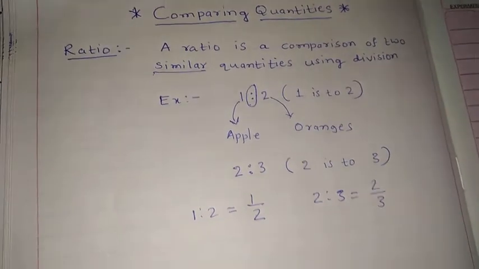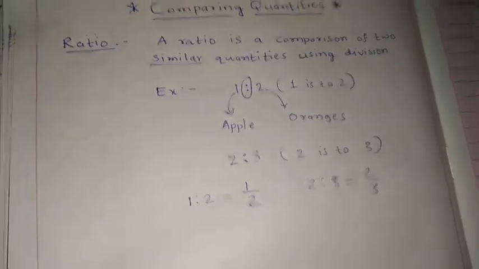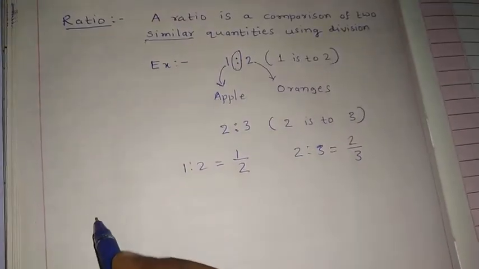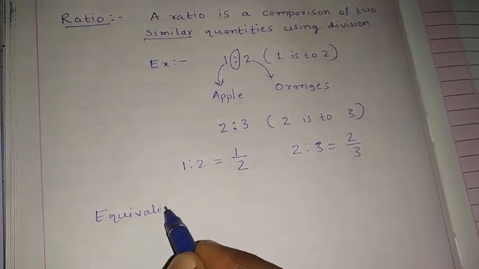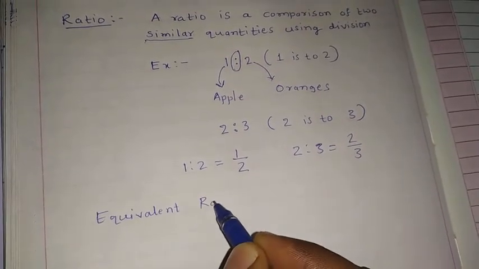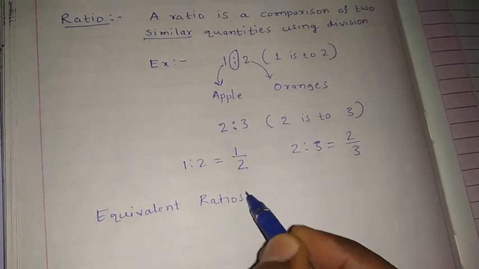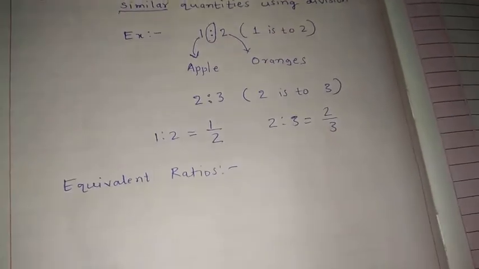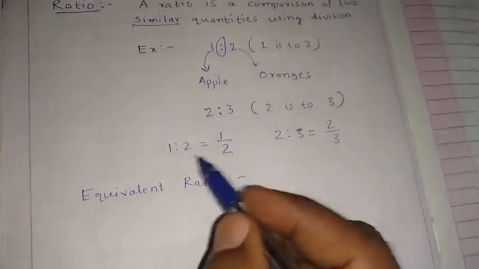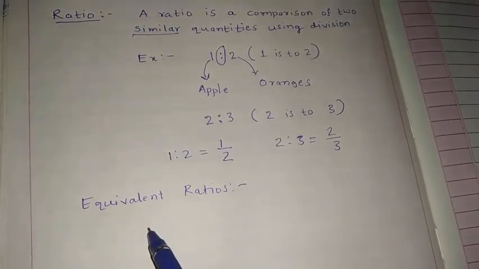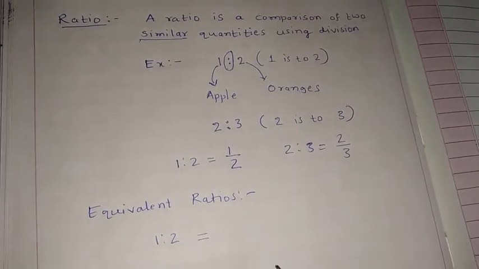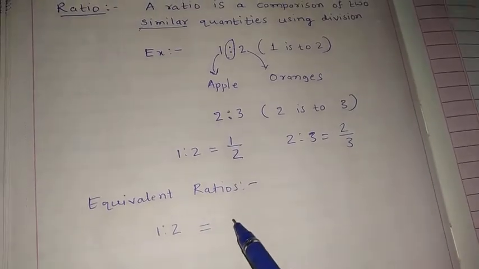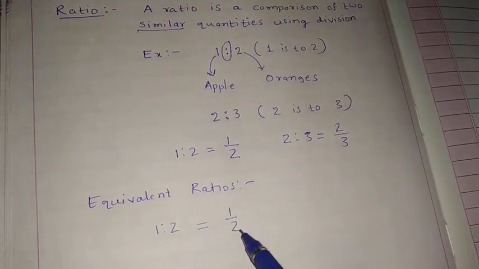The next thing is equivalent ratios. How to get the equivalent ratio? I take here the same one, 1 is to 2. So here first we have to write the ratio in the form of a fraction.